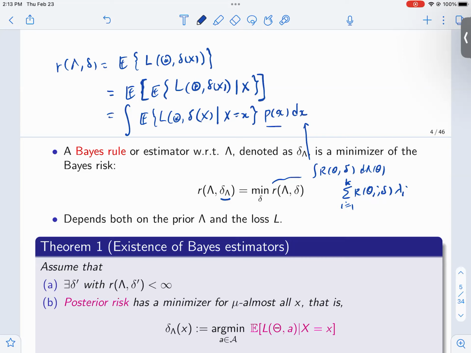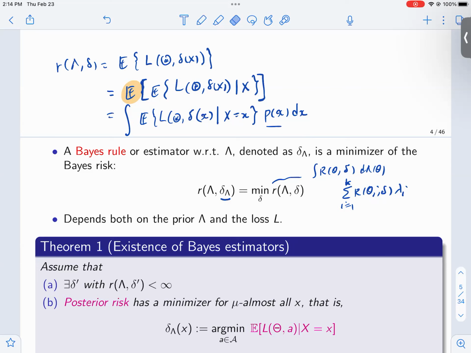This is the marginal distribution of x. You can write it in measure theory form, but it's fine. That's the outer expectation. But because I'm conditioning on this, I can just replace this with little x. Now this is a deterministic number.